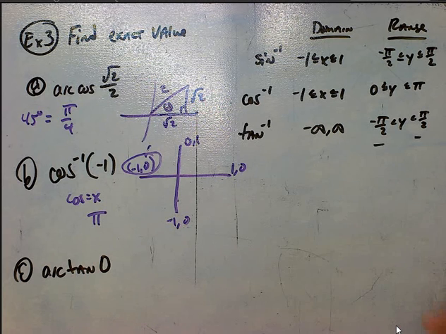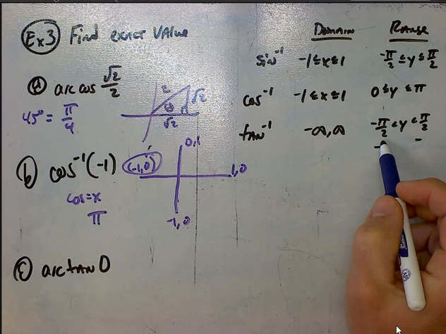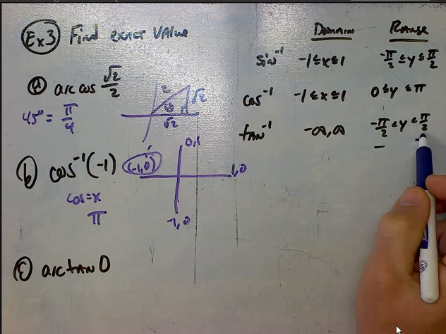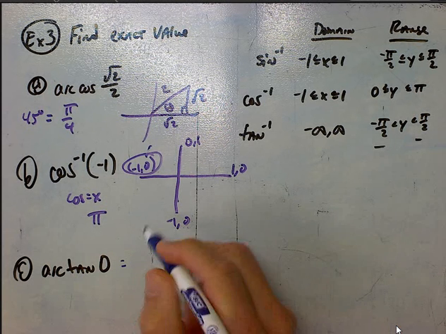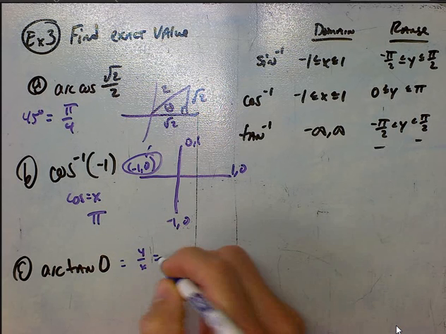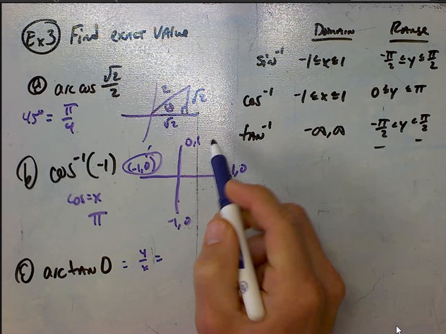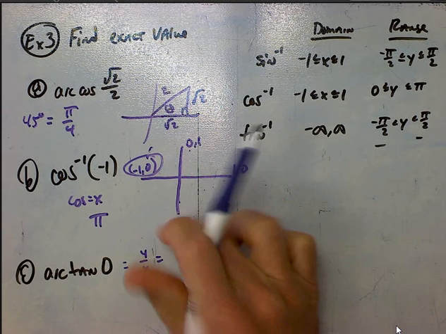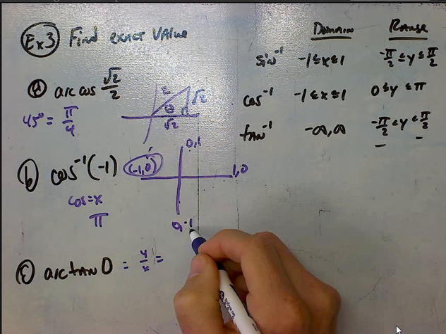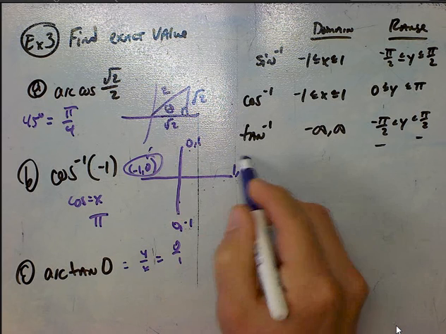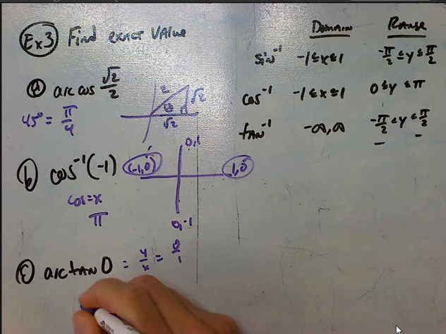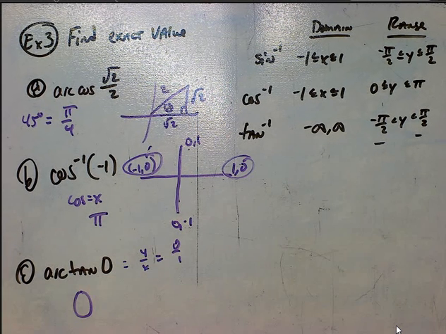Notice that it can't be negative pi over 2 and it can't be pi over 2 because of the equal sign. Tangent is the same thing as y over x. 1 over 0 does not exist. Negative 1 over 0 does not exist, but 0 divided by 1, which is this, does exist, so the answer is 0. 0 degrees or 0 radians, take your pick.